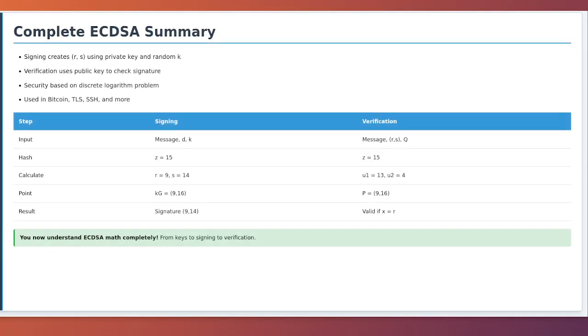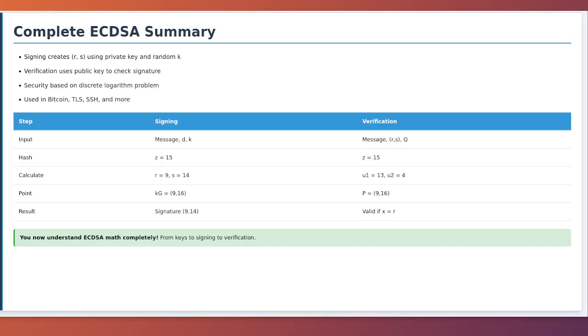Summary and conclusion. Let us recap the complete ECDSA process. We started with a message, "Hello Bob," and hashed it to get z equals 15. We had a private key d equals 7 and calculated the corresponding public key Q equals 7 times G equals the point 13, 8.